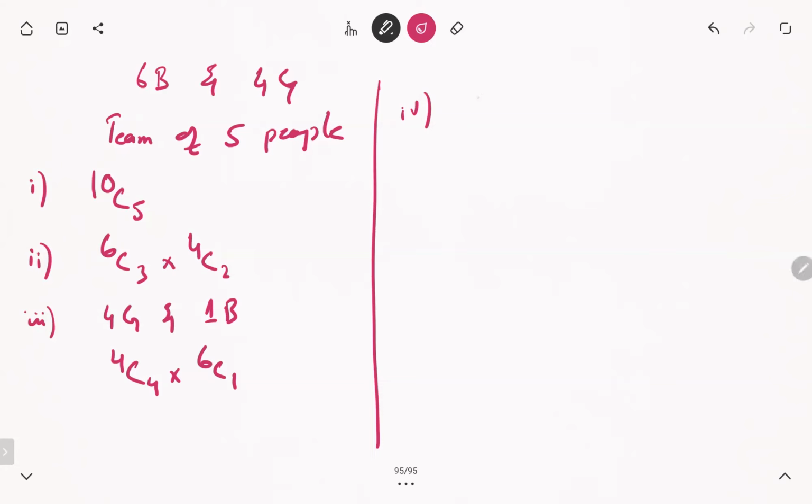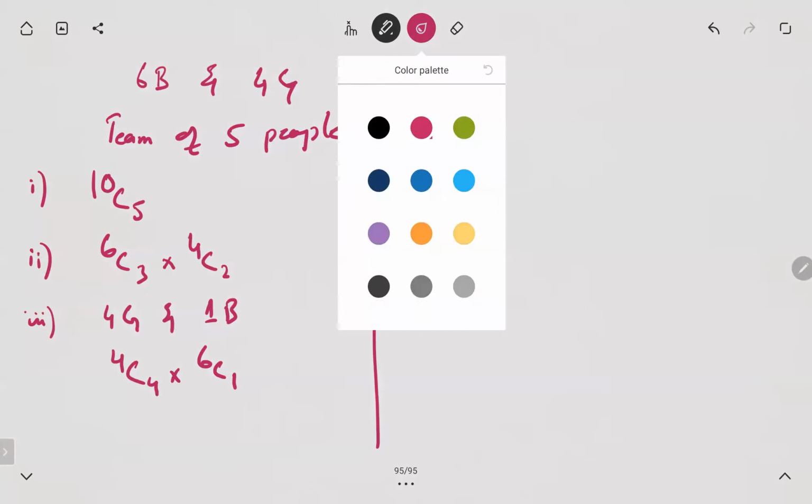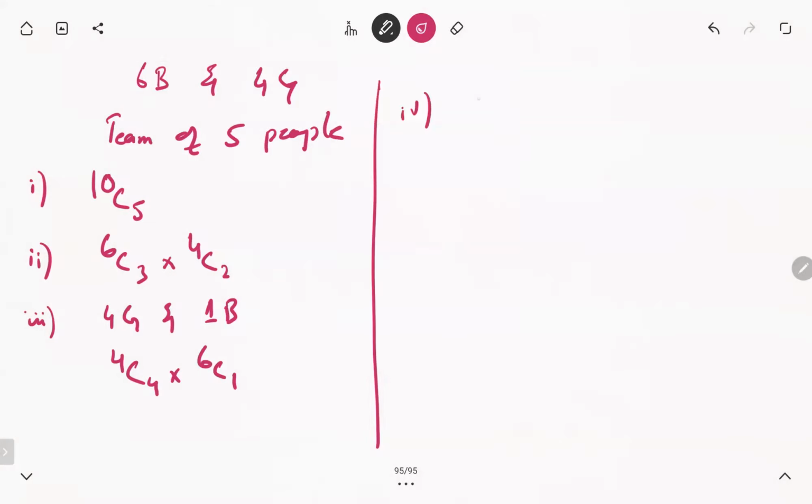And the further condition is that there should be 3 boys and 2 girls in the team.